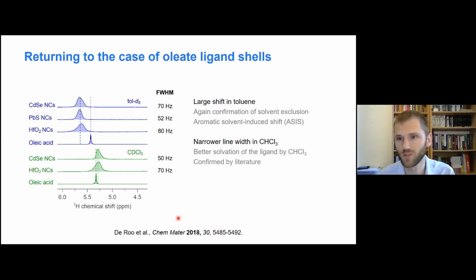We can actually probe this because we would see it in DOSY if there was a small fraction desorbing. You're right in the case of lead sulfide, for example. In toluene, everything is bound to the surface. But in chloroform and in dichloromethane, this lead oleate shell has a tendency of desorbing. So it really depends on the combination of nanocrystal, ligand, and solvent.